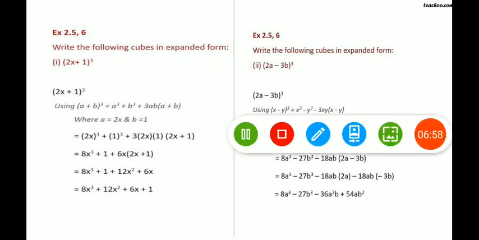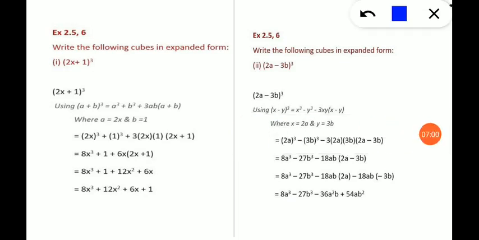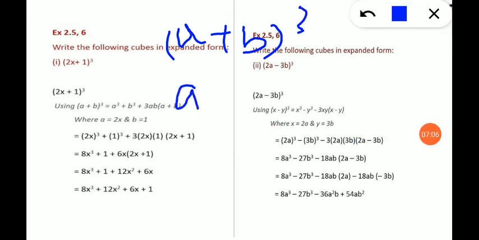Since it is cube, we will have two formulas, a plus b whole cube and a minus b whole cube. Now the first is 2x plus 1 whole cube.